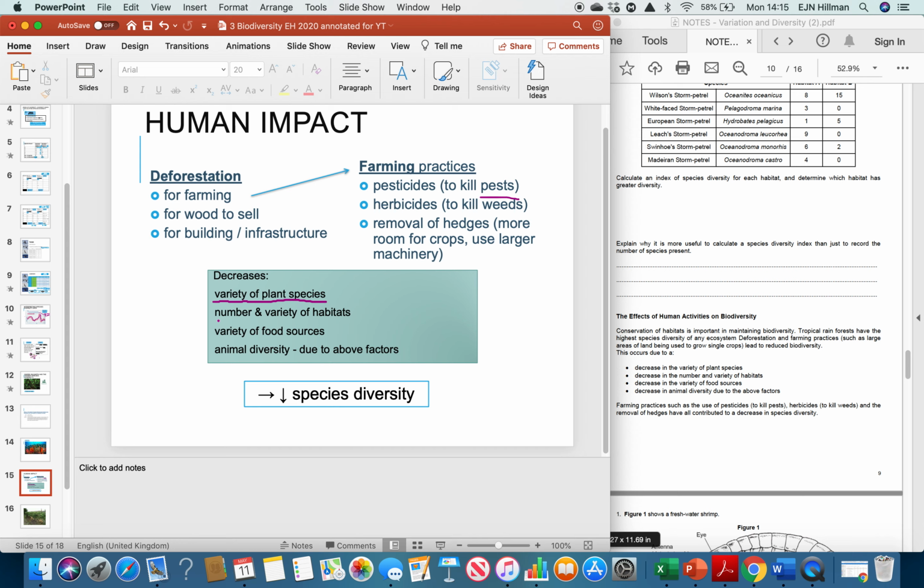Therefore, the number and variety of habitats has decreased. There are fewer habitats, there'll be fewer sources of food, and the effect on all of that eventually is that the animal diversity will decrease. Okay, all of those things combine, meaning that the species diversity of those areas would decrease.